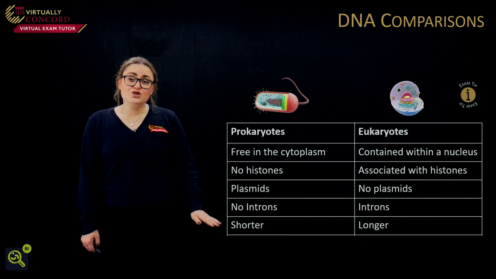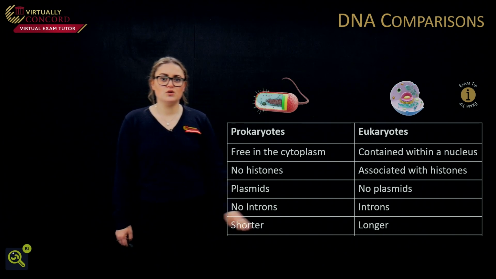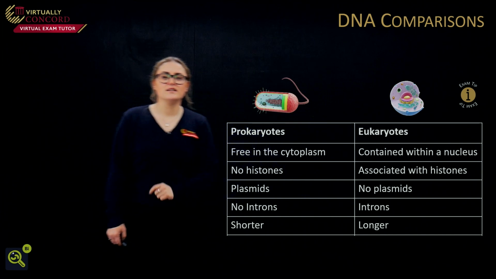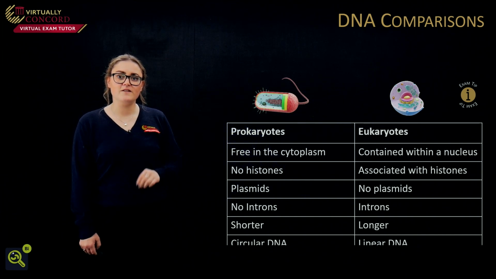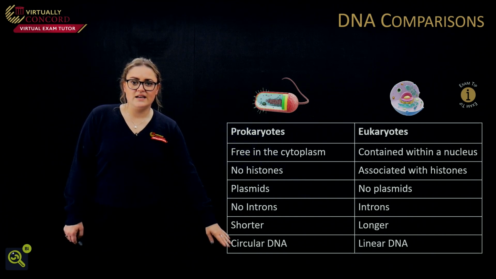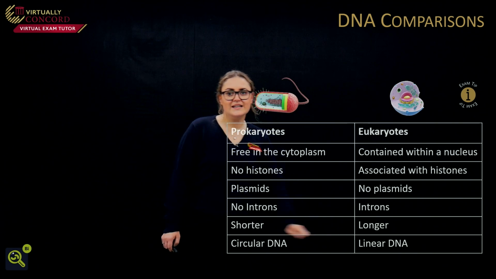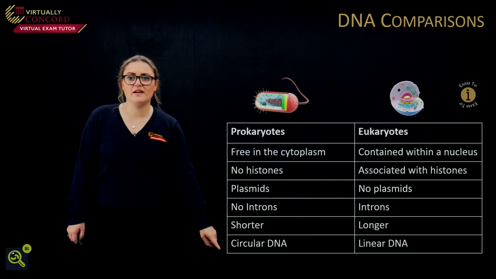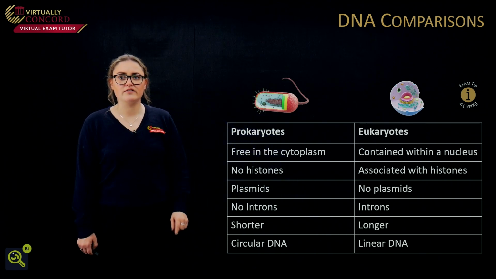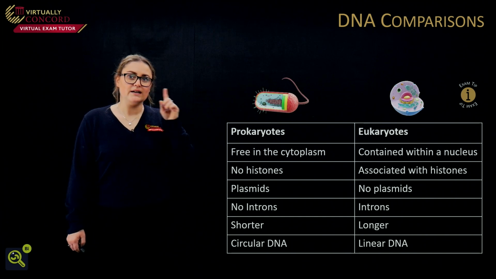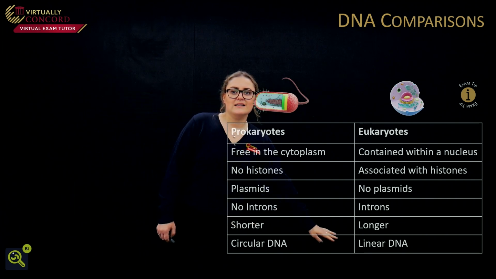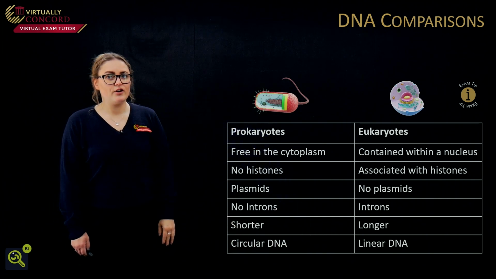DNA in prokaryotic cells is shorter, okay, much shorter than the longer DNA that you find in your eukaryotic cells. And finally, circular DNA as opposed to linear DNA. Okay, so we were talking earlier that your circular DNA in your prokaryotic cells is kind of one long big loop, okay, whereas it's linear in your eukaryotic cells.